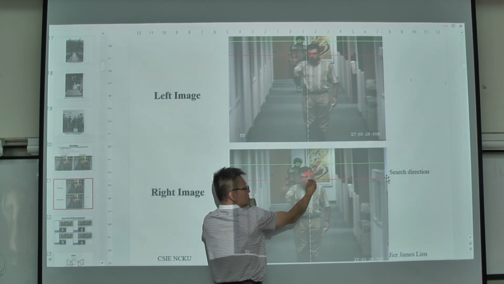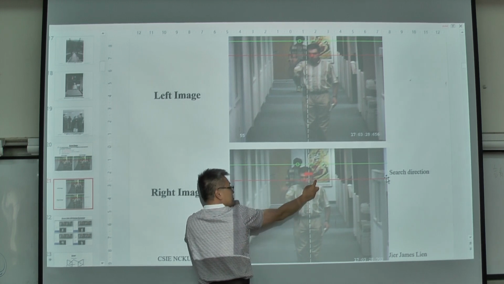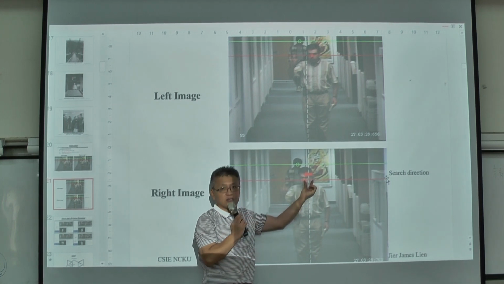So you search right, left hand side. Based on left, you project to here, and you search from your left hand side. And the distance between two points we call disparity.